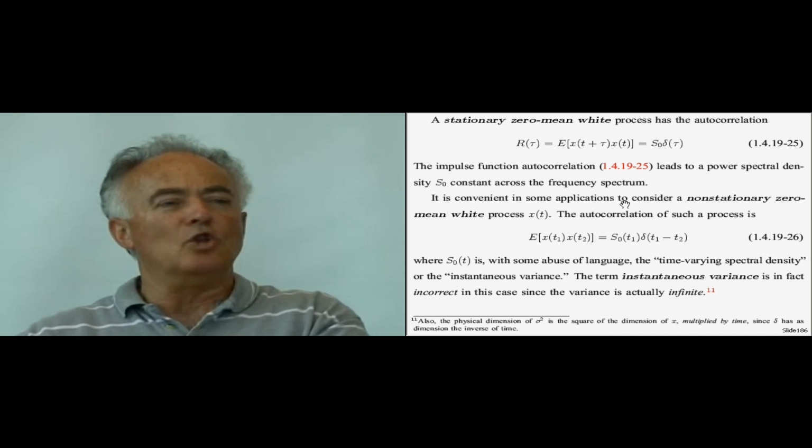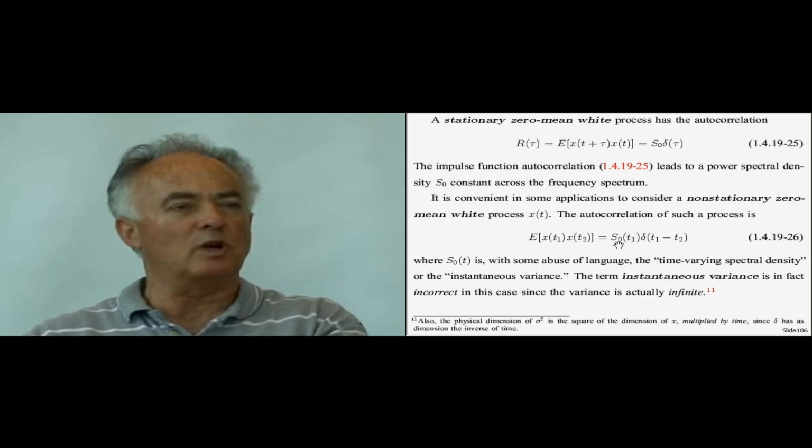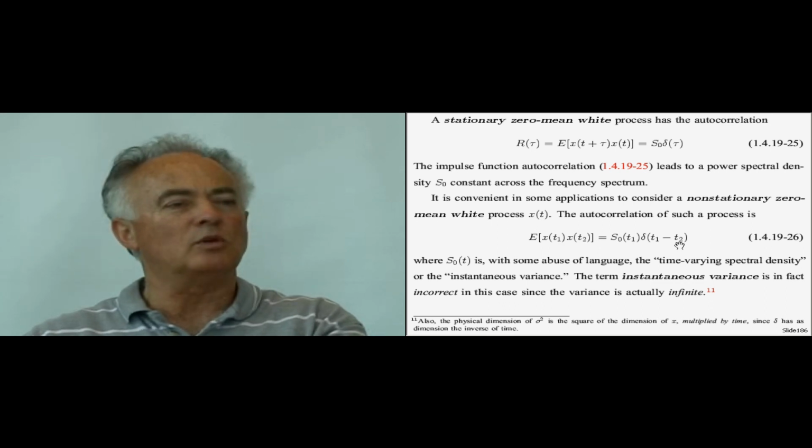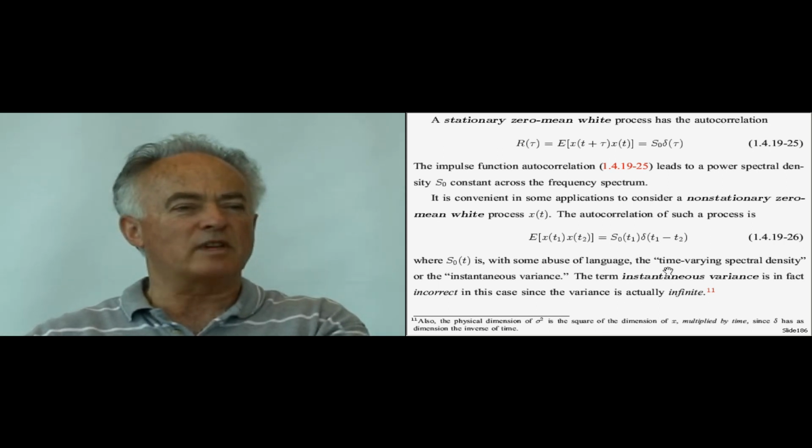Okay, a non-stationary zero-mean white process, E of x(t1) x(t2), is some S0(t1) delta(t1 minus t2). And the S0 of t can be used, with some abuse of language, as time-varying spectral density.